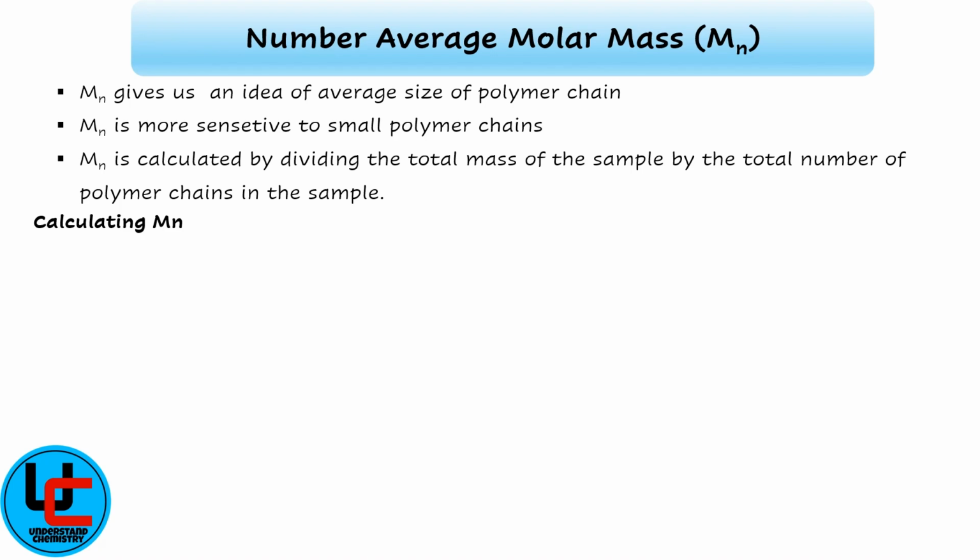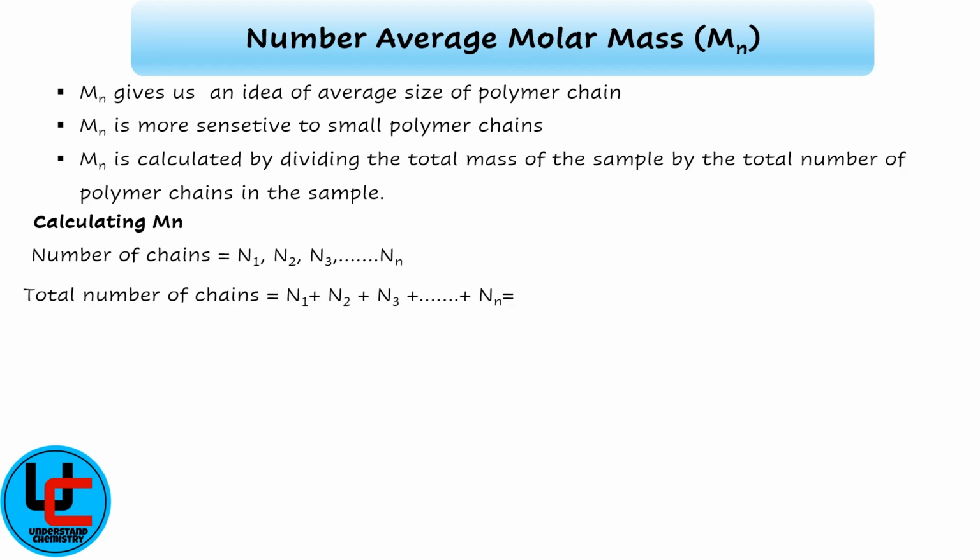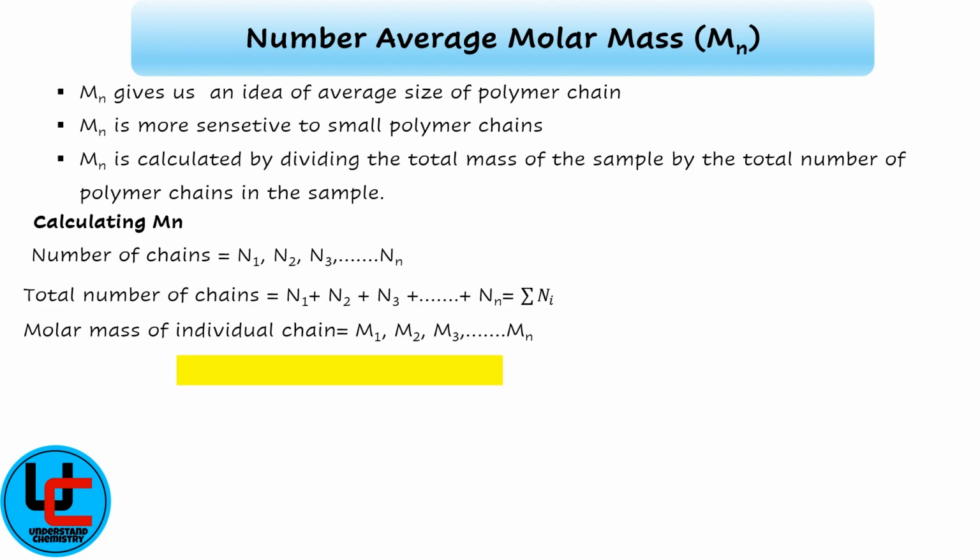Let me show you how to calculate number average molar mass. In a polymer sample, we have several chains of different lengths. If N1, N2, N3 and so on are the number of chains in the sample, the total number of all types of chain in the sample is given by summation Ni. Now, if M1, M2, M3 and so on are the molar mass of each type of chain, then by multiplying number of one type of chain with the individual mass of chain, we get total mass of one type of chains.